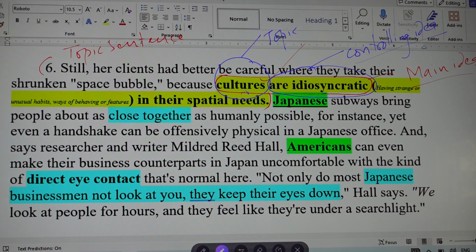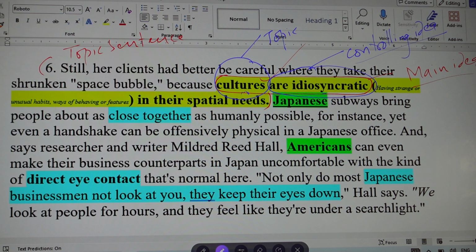Controlling idea means the idea about the topic. Here in the topic sentence, topic is culture. What is the topic? Culture. And the idea that controls the discussion is idiosyncratic. Now, you will not write any other thing.